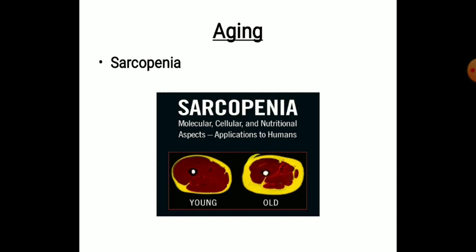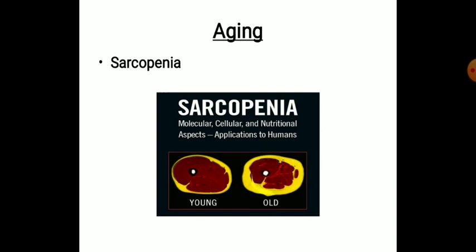One of the main changes is that this yellow denotes the fat which is present in that particular region. In young people, the number of fat cells is less compared to old age people. So as the body ages, the normal muscle fibers can be replaced by these fat cells.